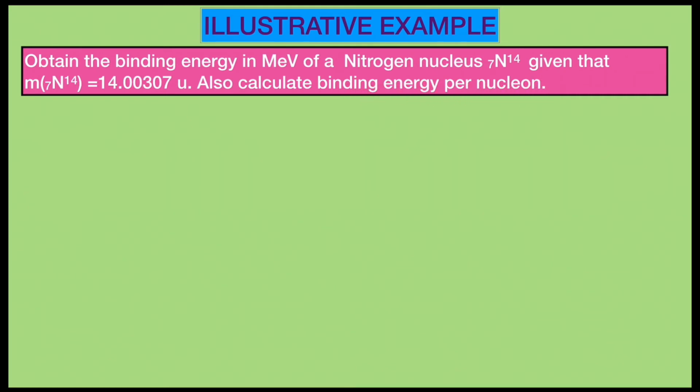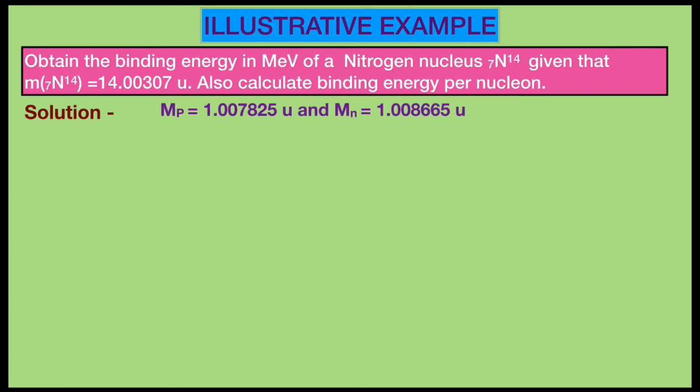So the symbol is indicating here the atomic number of nitrogen is 7, its mass number is 14. Therefore it has 7 protons and 7 neutrons also. So let us begin with the solution of this question. We are in need of the mass of proton and mass of neutron for solving this question.